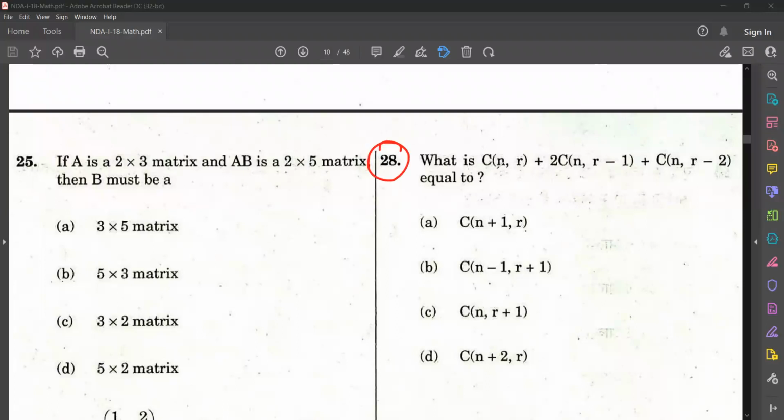What is C of n comma r plus 2 C of n comma r minus 1 plus C of n comma r minus 2 equal to? Can you try? Try all of them.